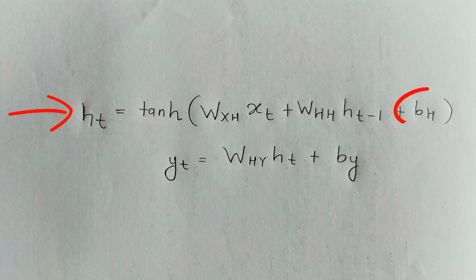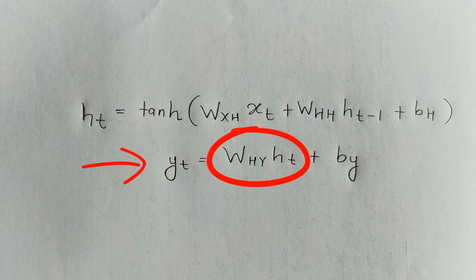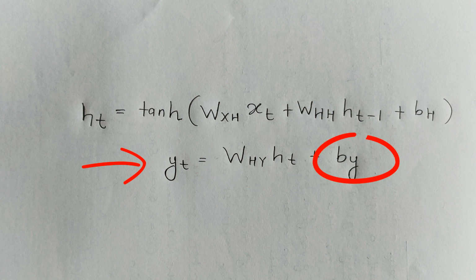And last but not least, you also add the bias term. Once you've calculated the value of h of t, you multiply this hidden state value with the weight Why, add the bias to it, and you get the final output, which is y of t.